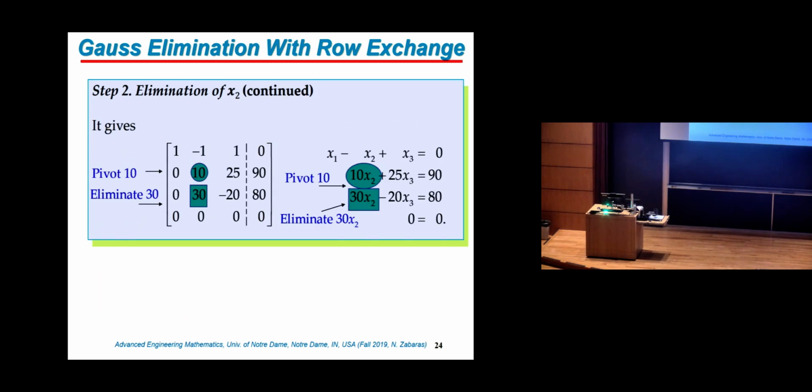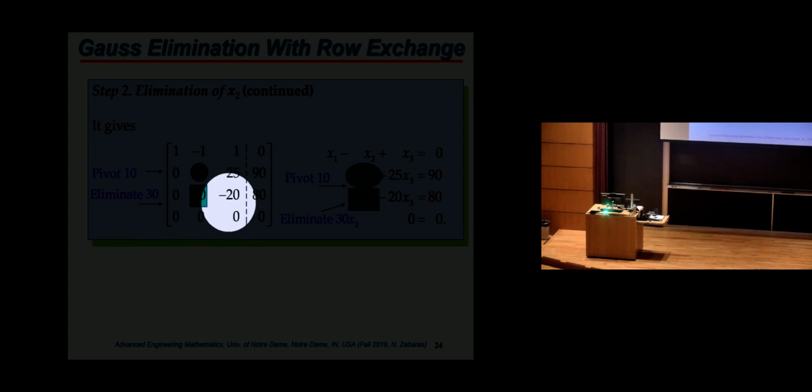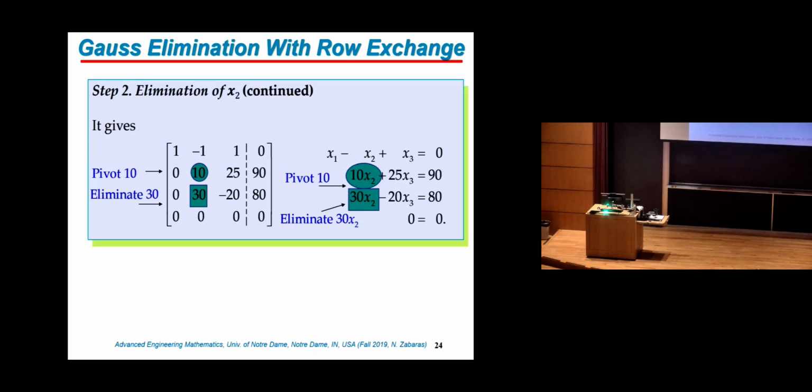So the equation with the zeros we put on the bottom, and the other two equations are there. Now my second pivot is 10 on the diagonal, so I have to get rid of 30. I need to multiply row 2 with what multiplier? 3. If we do this, we will get our upper triangular matrix.